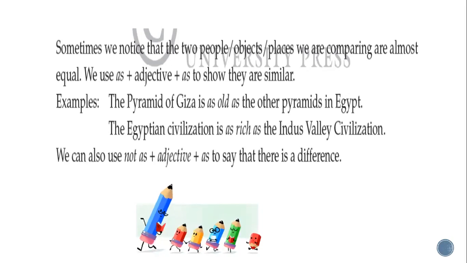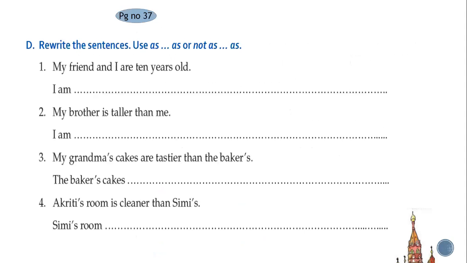And if there is a difference, what will we say? We will use not as plus adjective plus as to say that there is a difference. Clear? Now, rewrite the sentences. You have to use here as adjective as or not as adjective as.